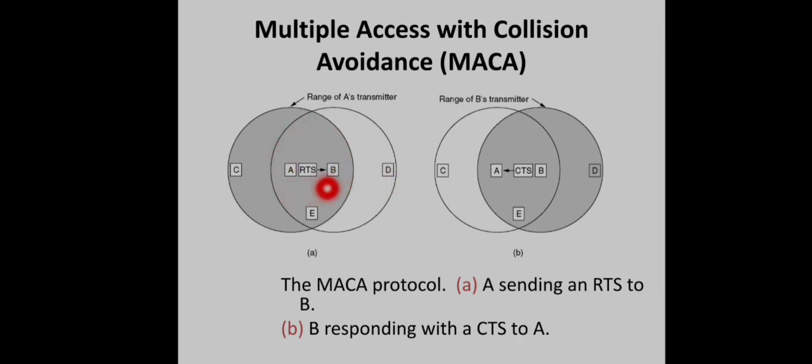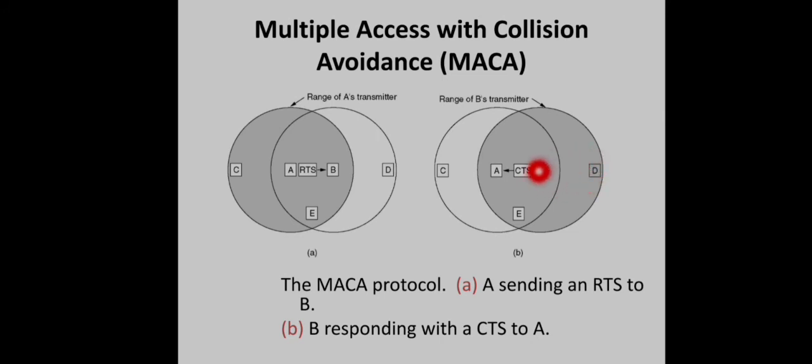The CTS also carries the length of the data frame; that length information is copied from the RTS to the CTS. So upon seeing this CTS from B, D will understand that B will be busy for that much time, and it has to wait. So the hidden node problem also gets solved here.